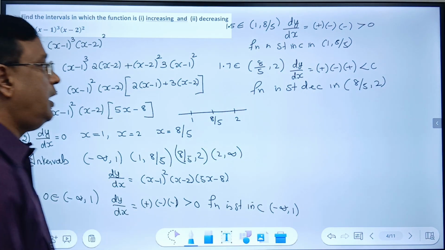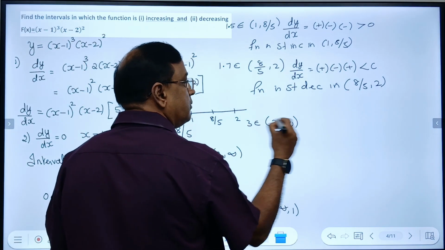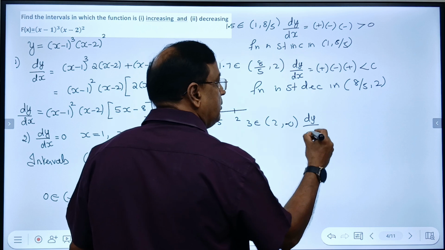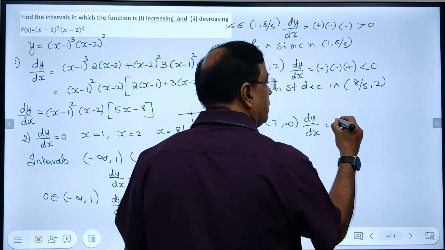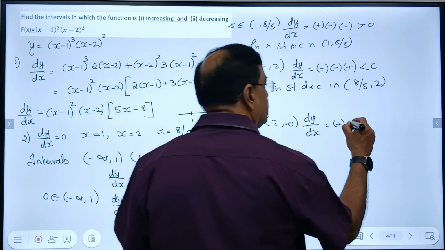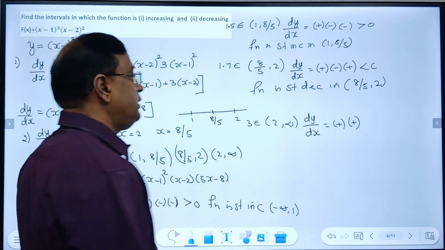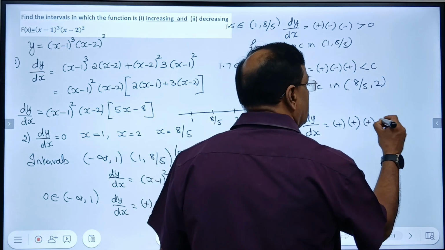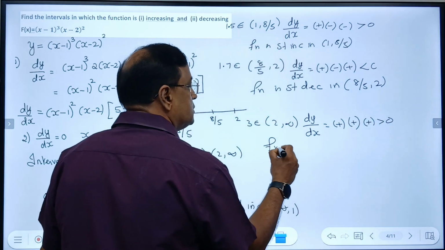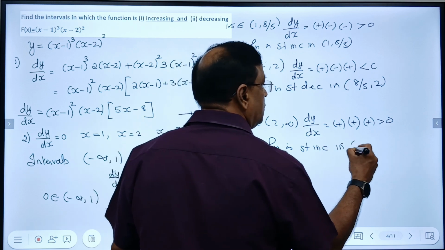Now finally, I choose the interval 2 comma infinity and I substitute, say, 3. What about dy by dx? The square term is always positive. 3 minus 2 will also be positive. And 15 minus 8 will also be positive. Therefore, the function is strictly increasing in 2 comma infinity.